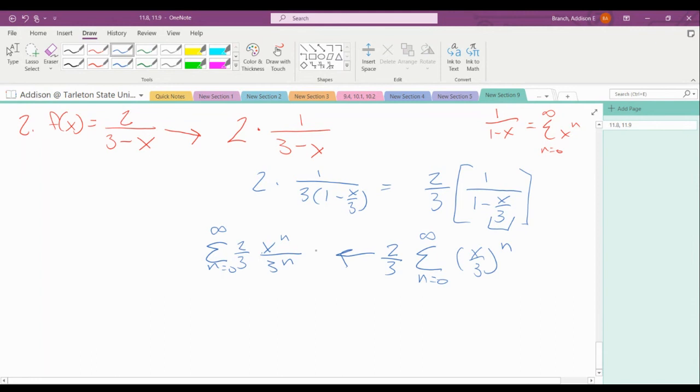And then lastly, we can clean this up and combine that 3 and the 3 to the n to get us n goes from 0 to infinity of 2x to the n over 3 to the n plus 1. And that will be our final answer.